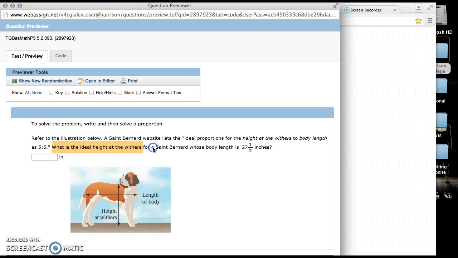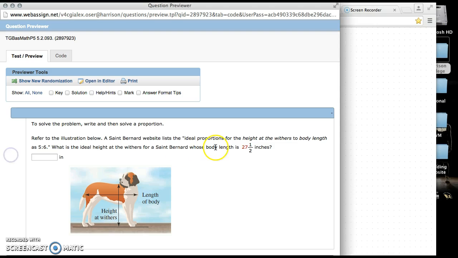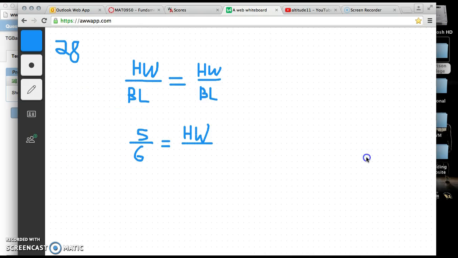It says for a St. Bernard whose body length is 27.5 inches. All right, so what is the ideal height at the withers for a St. Bernard who has a body length of 27.5 inches?